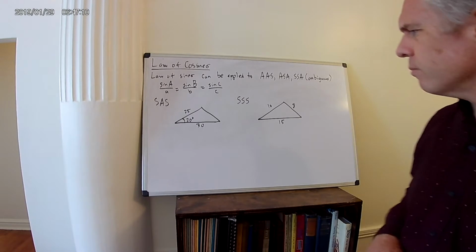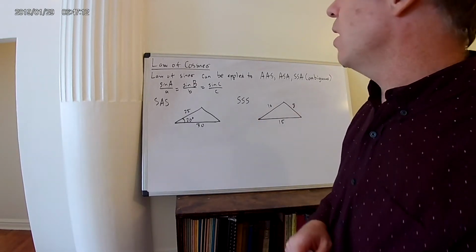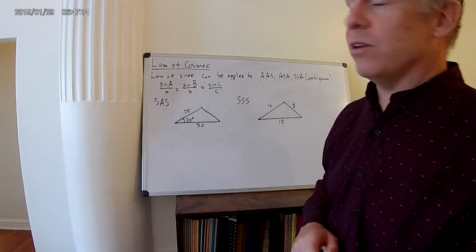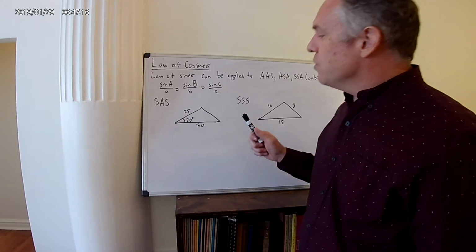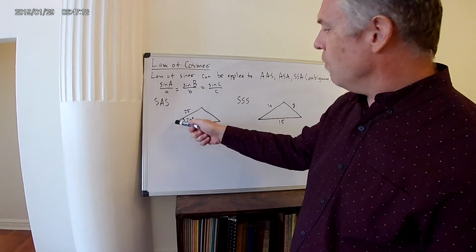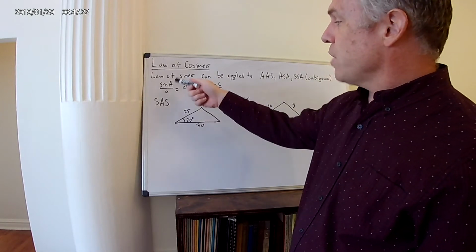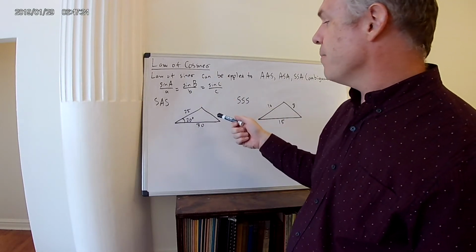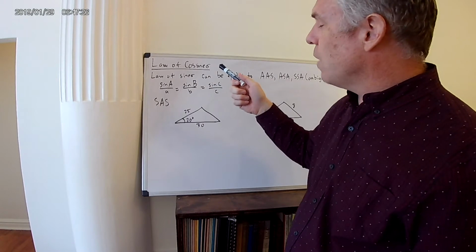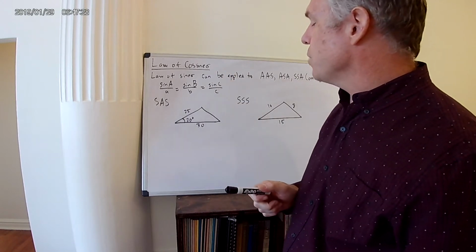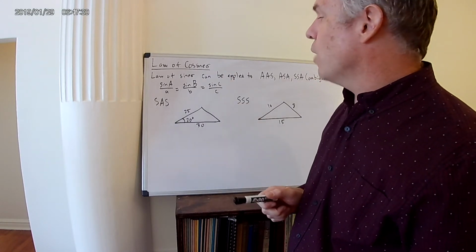Now the problem here with using the law of sines, which I've written right here to remind ourselves, is if we call this angle A and side A, we could write sine of angle A, sine of 20 over side A. But then we need to relate that to another angle-side pair. But we don't know any more angles, right?